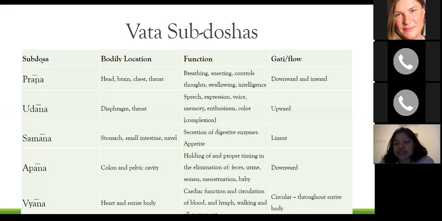This is the reason why in Ayurveda, though we may not necessarily have a name for many different disease conditions, there are lots of disease conditions that are now recently being discovered or being named.